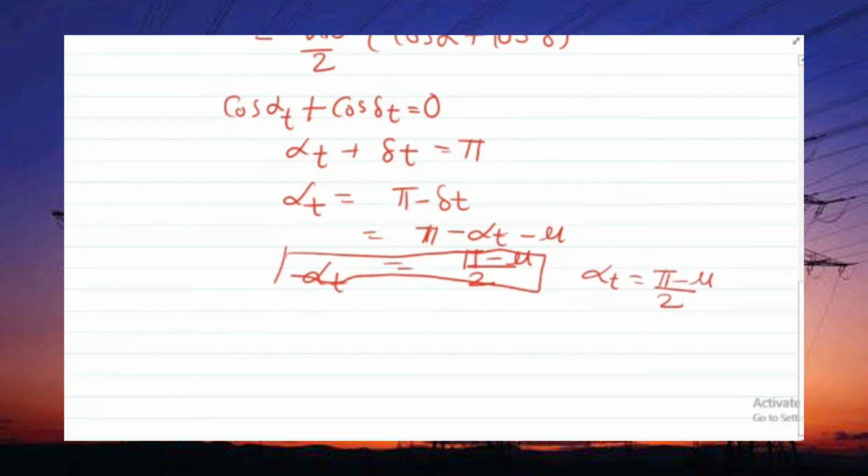So the effect of the overlap is to reduce alpha t from 90 to 90 minus mu by 2.